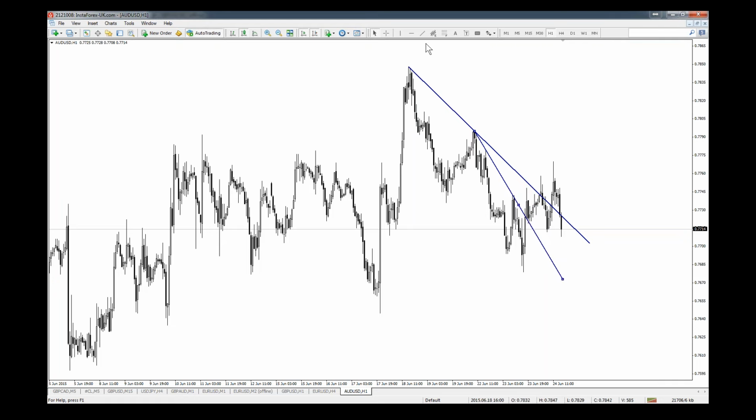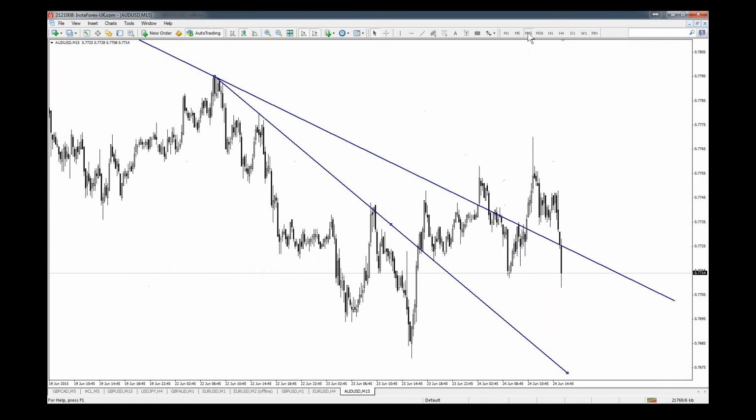Okay, so now I'm going to go to a 15-minute, and you can see the price action better. So these are the two main trend lines. It's coming down. But this on the 1 hour is the main pivot. Actually, this happened before this was established as the main pivot, but you could say this was the main pivot.